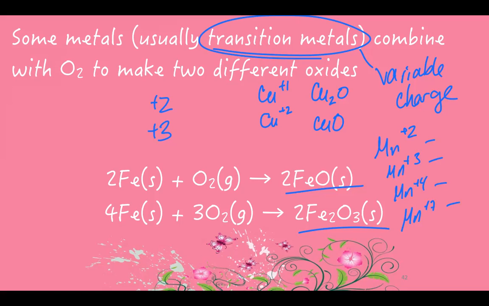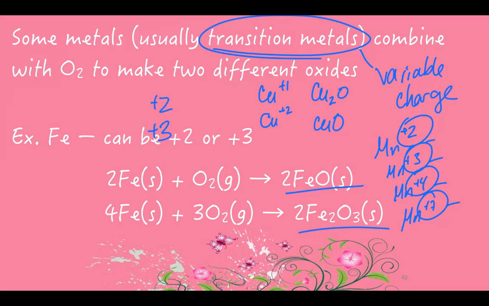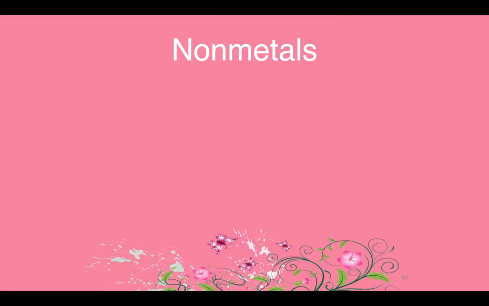If I give you a question like manganese burns in oxygen to form manganese oxide, I would have to give you which charge it was for you to write the proper formula. If I don't give you the specific charge, like I just say manganese burns in oxygen, then it would be up to you to choose which of the oxidation states it would have. Okay, so iron can be +2 or +3, gives you 2 different oxides.